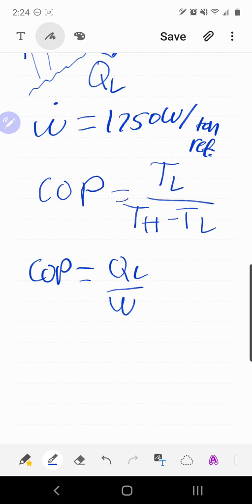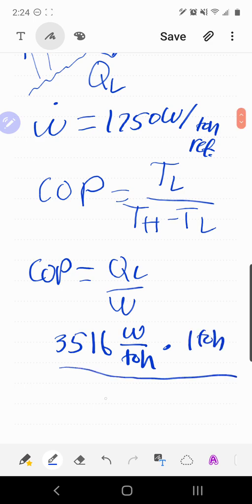We have 3516 watts per 1 ton, divided by 1750 watts. The 3516 is converting from the tons of refrigerant to the SI system, to watts, specifically just watts, because we need just watts in order to do this calculation.